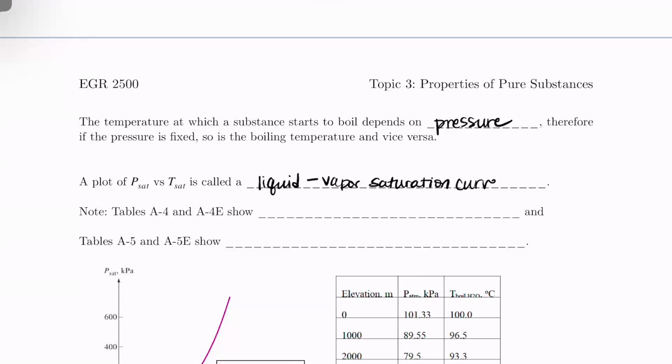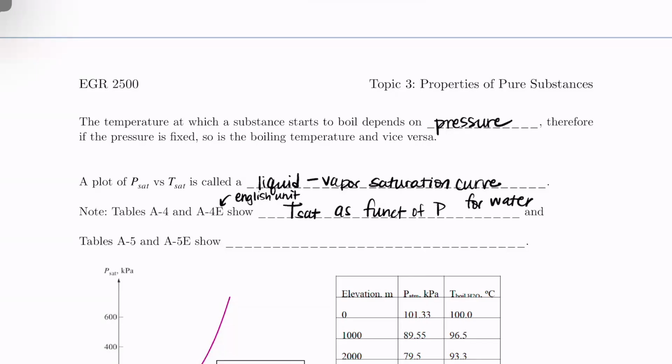And for reference, if you are following along in the textbook, tables A4 and A4E, which is the same table just in English units, are going to show Tsat as a function of pressure for water.